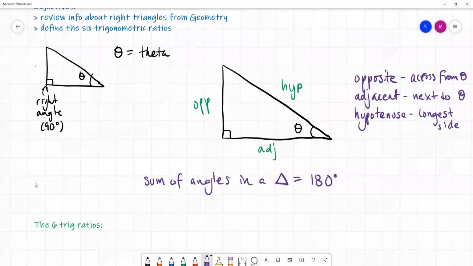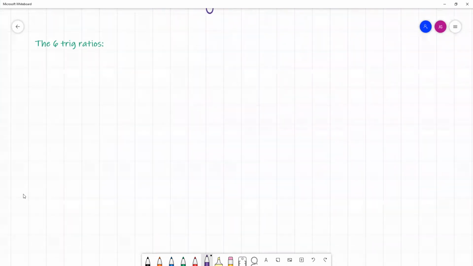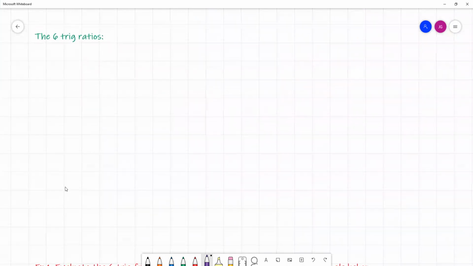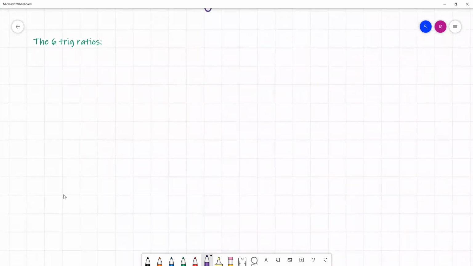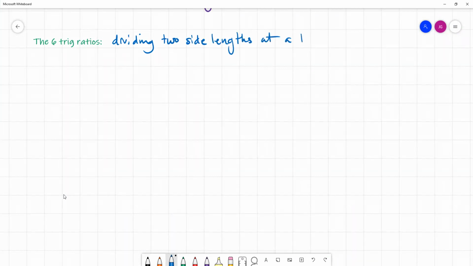Cool. So then now let's move on to talk about the 6 trig ratios, okay? So where did these come from? What is the ratio? What's going on here, right? So we get these 6 trig ratios from dividing two side lengths at a time, okay?